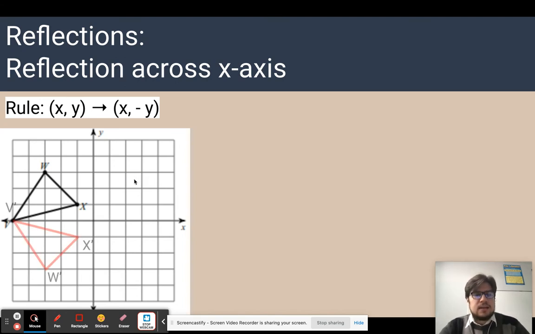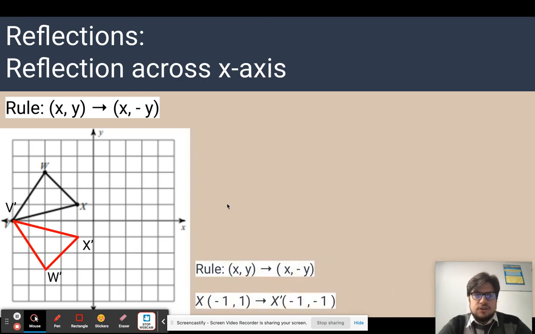Well, why is that? If we look at the actual reflected shape, notice how nothing changes here. Nothing changes horizontally. The shapes are still in the same spots. The only thing that changed was they flipped over the x-axis. So something I always like to think of is if I'm reflecting or flipping across the x-axis, I change the sign of the y value. And it'll be the opposite for the next one we see.